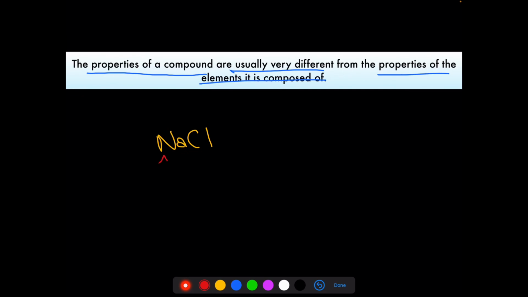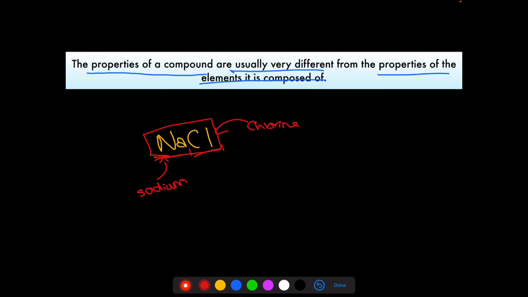This one here is sodium, Na, chemical symbol, and Cl, chlorine. As you can see, this is the chemical formula, so it shows that it's in the ratio 1 to 1. For every sodium atom, there's 1 chlorine atom.